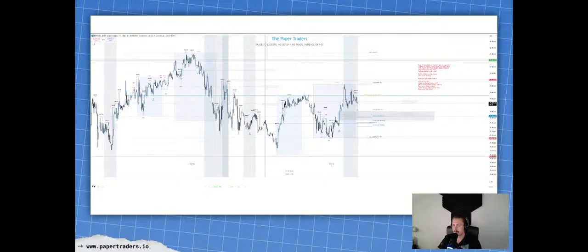If price does come down first, we will look for a potential sweep of the London session low, which does line up with the bottom of the range at the PDL. If that holds, then we are good to go for upside. If price breaks below the London session low, then we are looking back below that PDL. And that's all I have today.